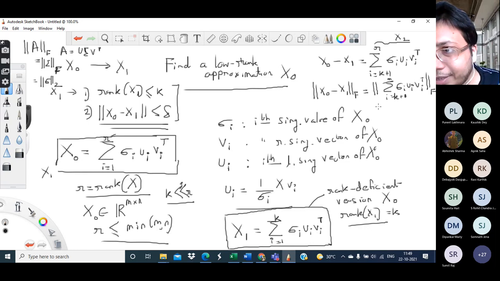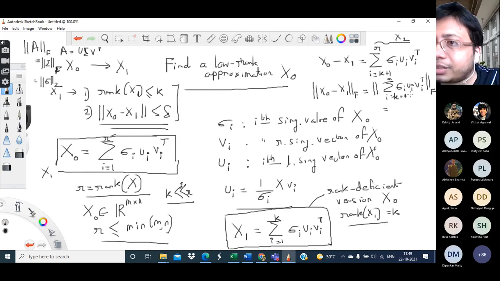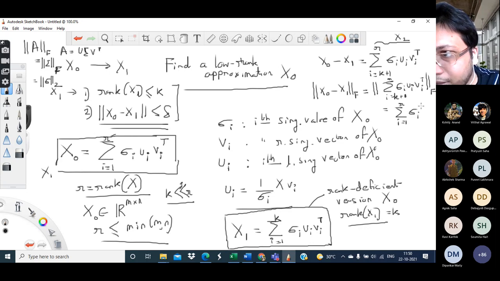Now if you consider this matrix, the remaining singular values of x naught, which are sigma k plus 1, sigma k plus 2, etc., all the way up to sigma r, those are the singular values of this matrix. So the Frobenius norm of this matrix is nothing but the L2 norm of just the remaining singular values, which is the sum of sigma i squared, for i from k plus 1 to r, whole to the power half.